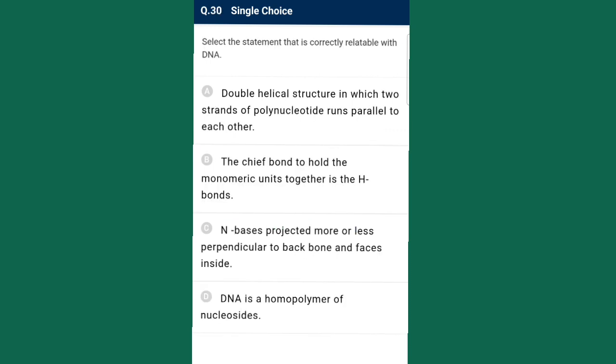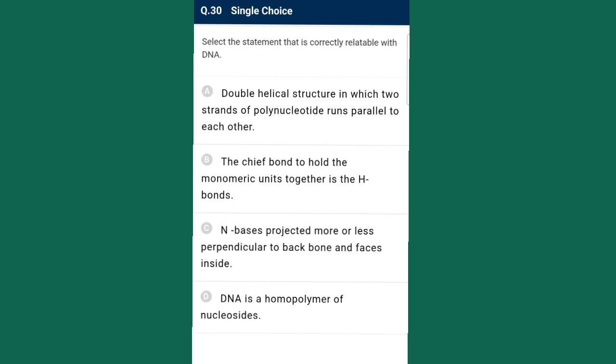Question number 30. Select the statement that is correctly related to DNA. Deoxyribonucleic acid is a double-stranded molecule where the two strands run anti-parallel to each other. Phosphate and sugar molecules form the backbone of the structure through phosphodiester bonds.